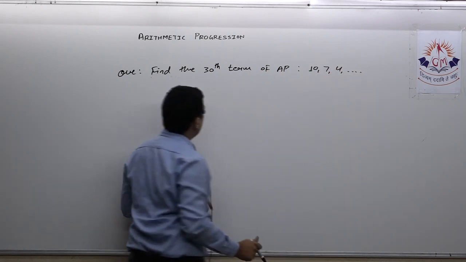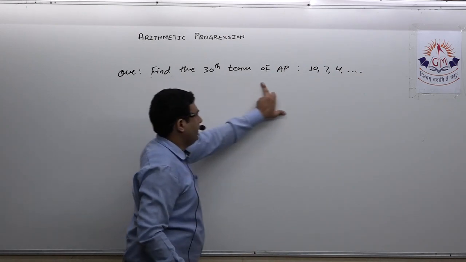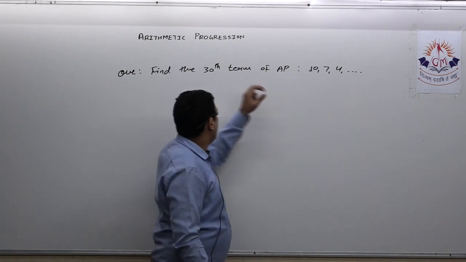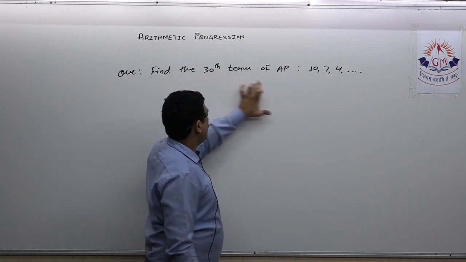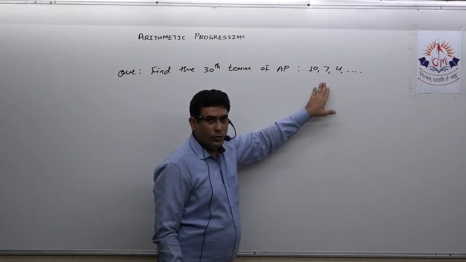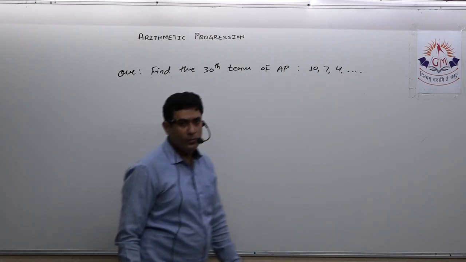Now over here the AP is given, so no need to verify whether the sequence is AP or not, but sometimes they will ask you to find the 30th term of the sequence. In that case, first you have to show whether the given sequence is AP or not.